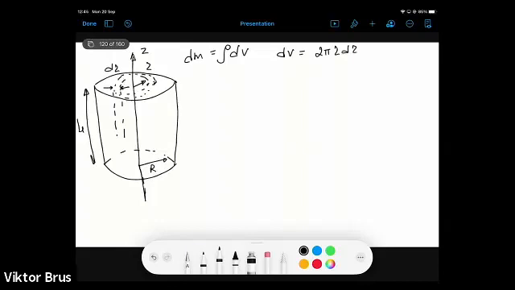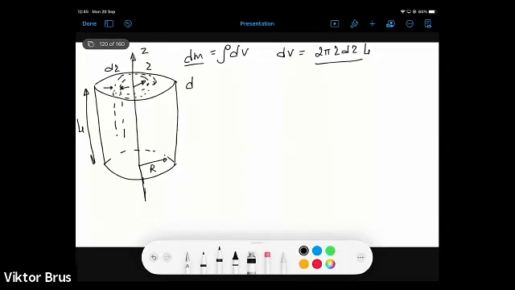And that should also be multiplied by L, the length of the cylinder. So that will define some very small volume of this cylinder, which we will deal with, which will give us this dm.